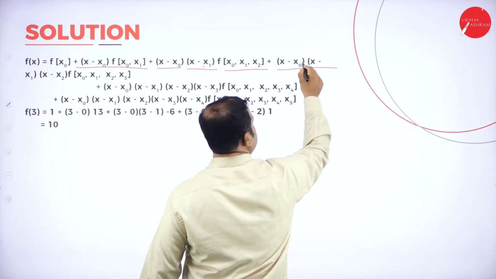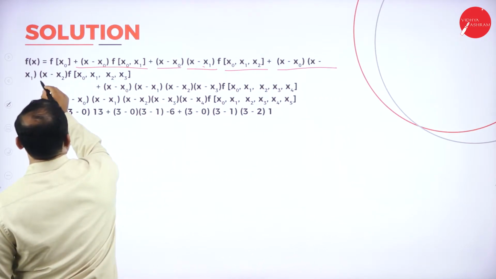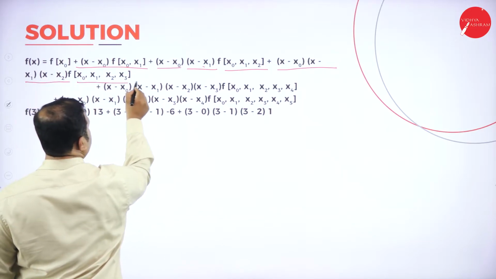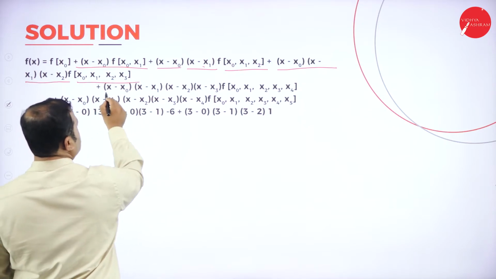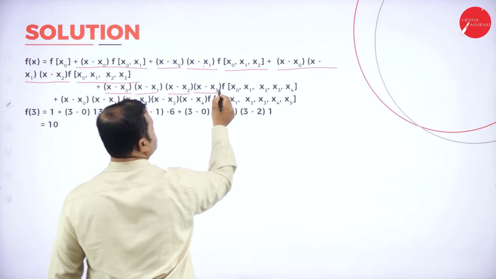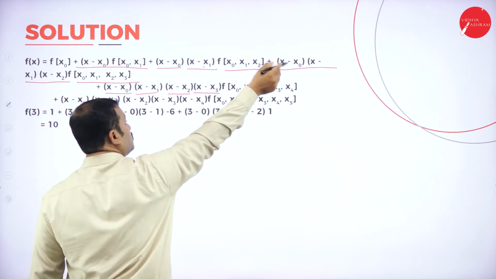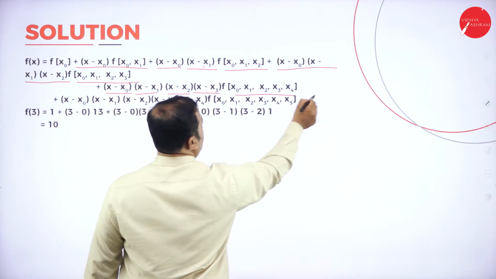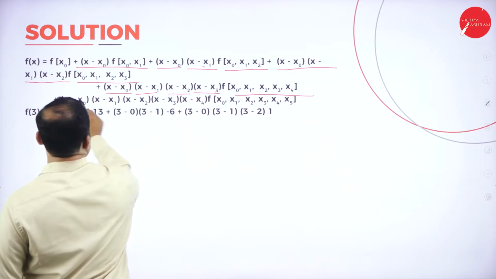Similarly, x minus x0 into x minus x1 into x minus x2 into f of x0, x1, x2, x3. Then x minus x0 into x minus x1 into x minus x2 into x minus x3. We have three terms here, but the fourth is also considered, so x0, x1, x2, x3, x4. All these terms are repeated here.